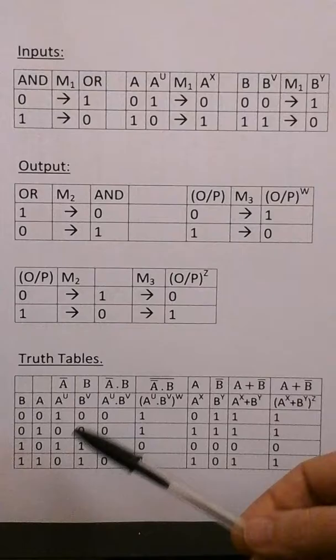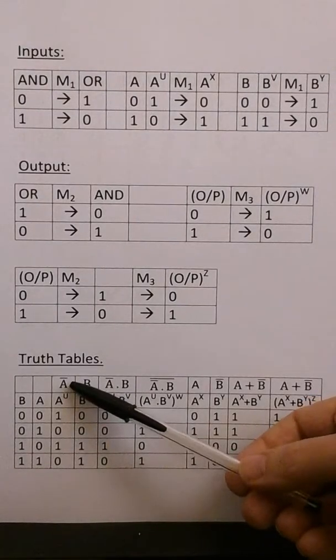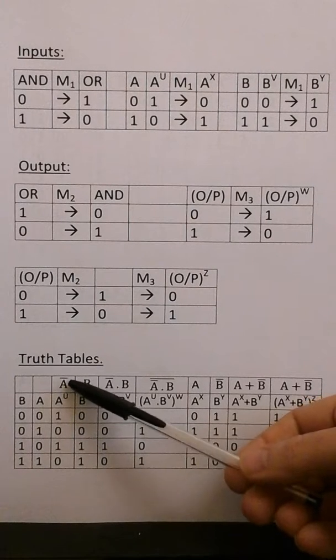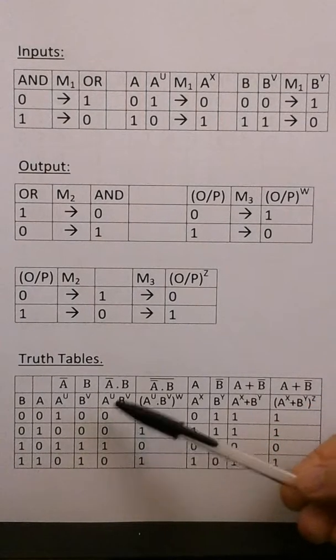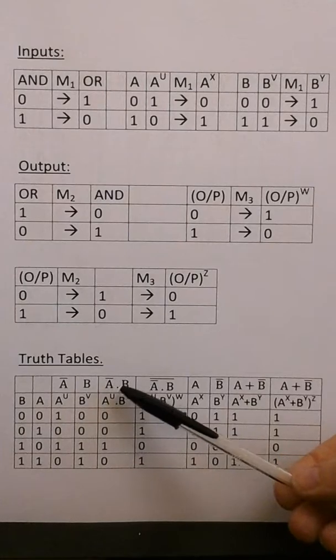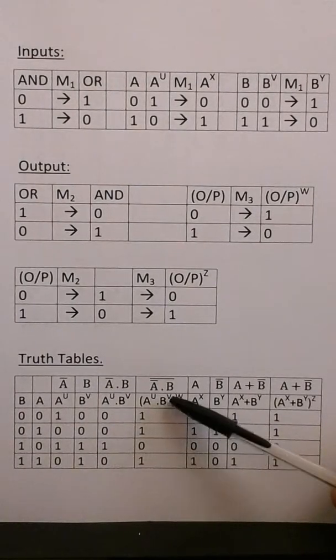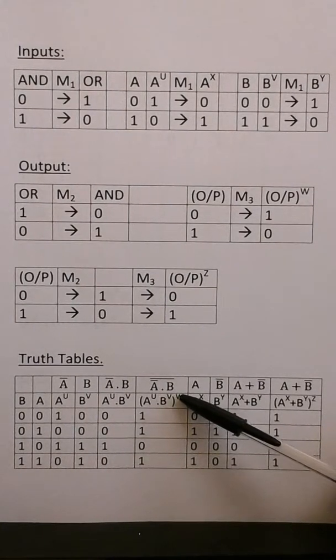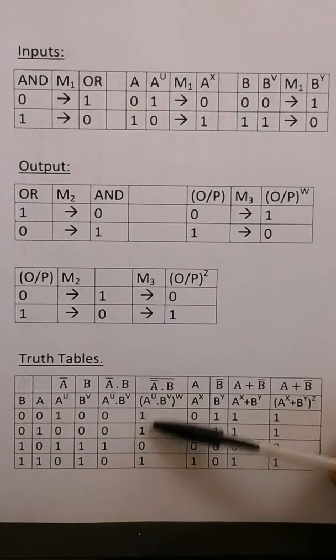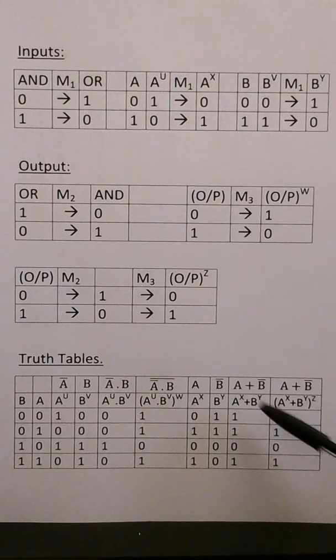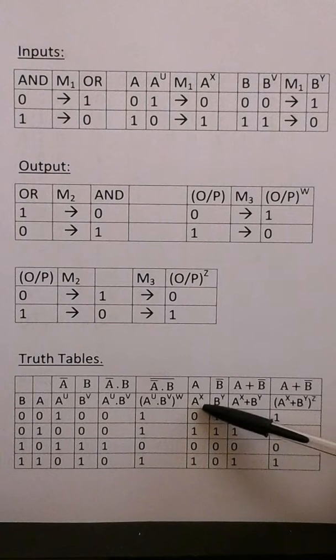So here we have the truth tables. So AU is not A, BV is B, AU and BV is not A and B, AU and BV to the W is not A and B. So that's the complement of this. And here we have the F2 function 2.